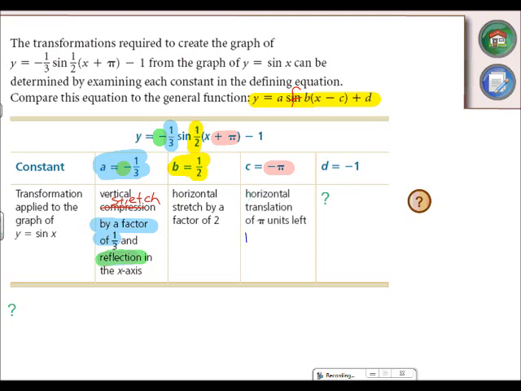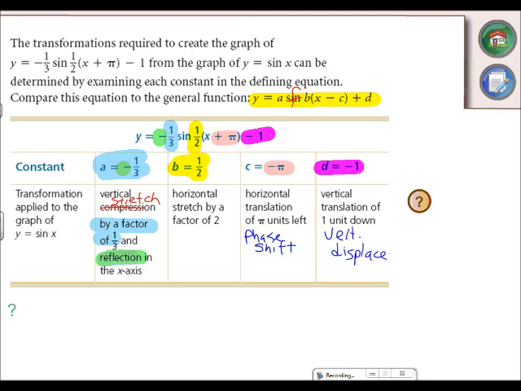Or as I've said, it's a phase shift of pi units left. Or probably pi radians left. Then our d value is -1. And that's our vertical translation, 1 unit down, or as we now use, vertical displacement of 1 unit down.